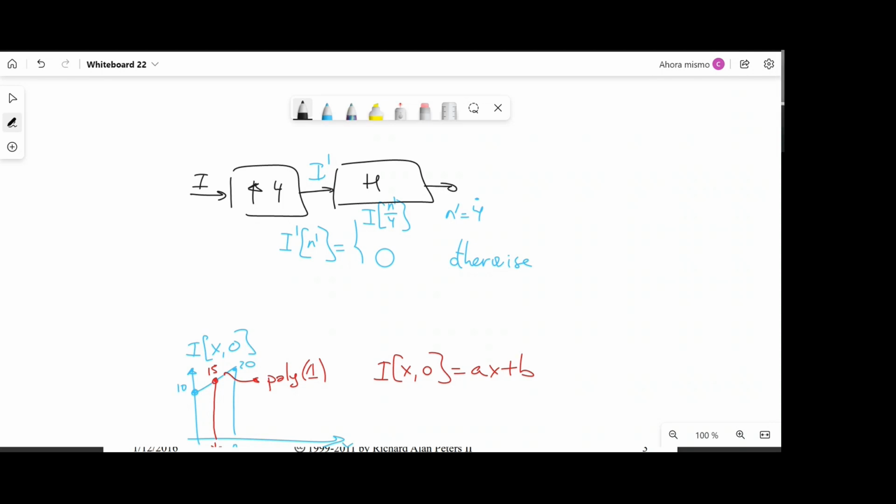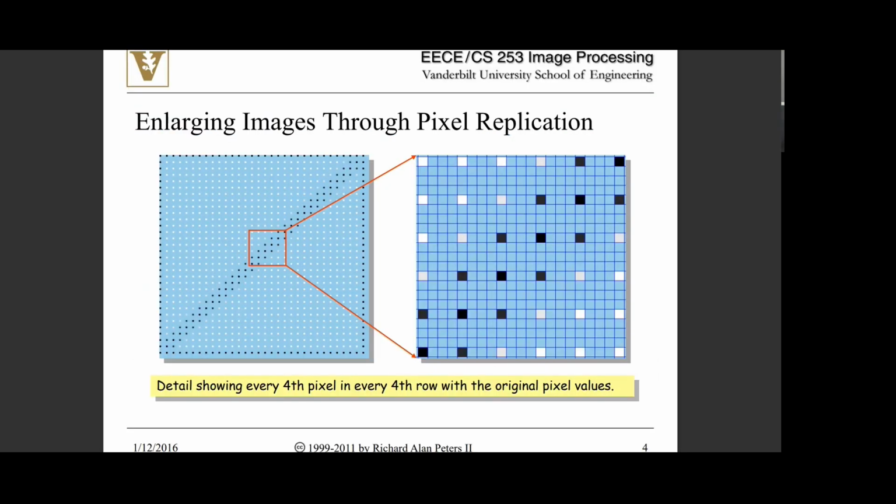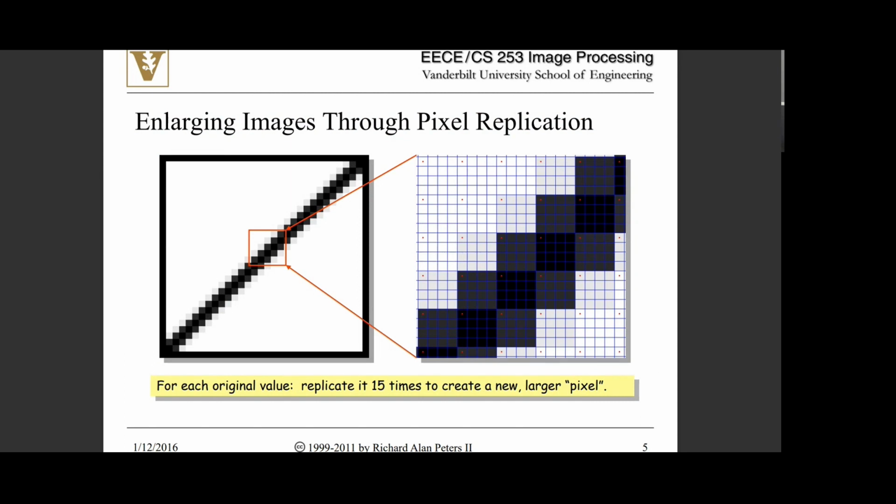Okay, so we start with this image, it's the upsampling. So it has a lot of zeros in between. It has a value, then a lot of zeros, then a value, a lot of zeros, and so on. Now we have to fill the gaps. And to fill the gaps, one possibility is, these are the values that we have, so why don't we simply copy those values to the nearby pixels?